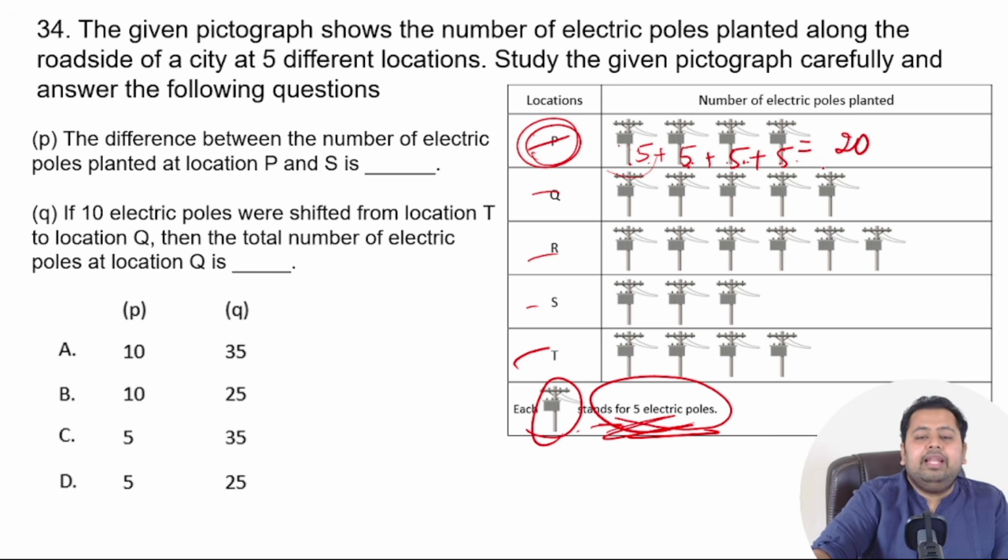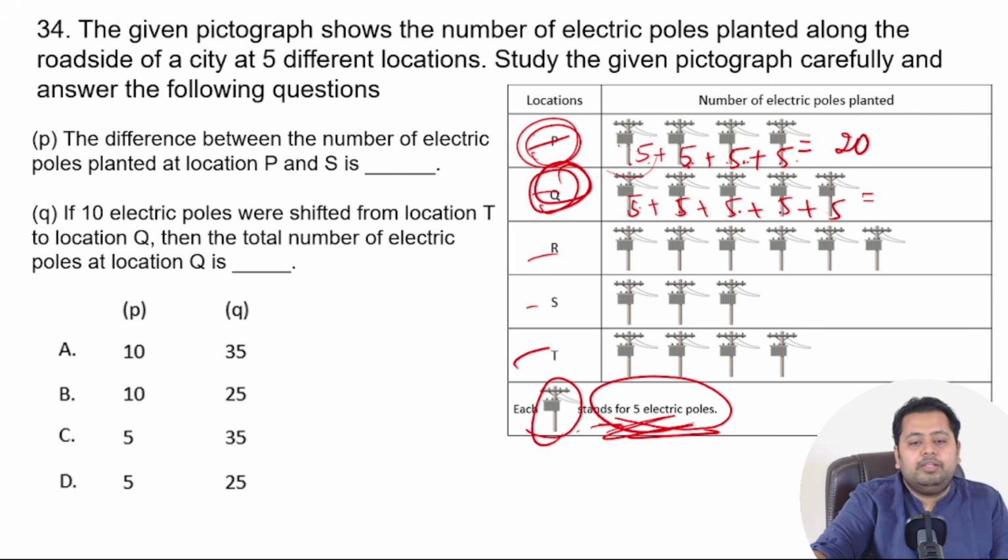So total 20 electric poles were installed. In location Q, it is 5 plus 5 plus 5 plus 5 plus 5. So this is 5 times 5, if you add it, 5 plus 5 is 10, 10 plus 5 is 15, 15 plus 5 is 20, 20 plus 5 is 25. So this is nothing but 25.